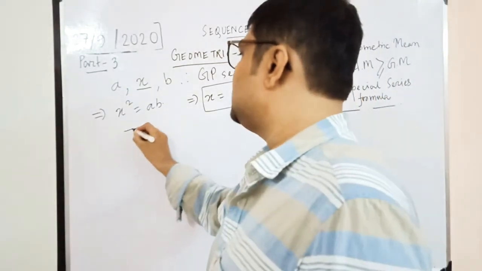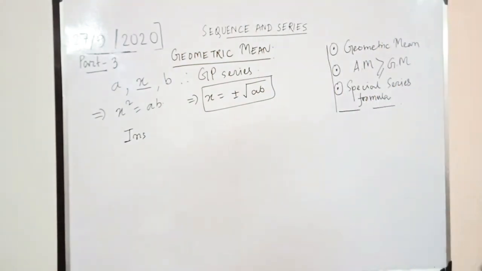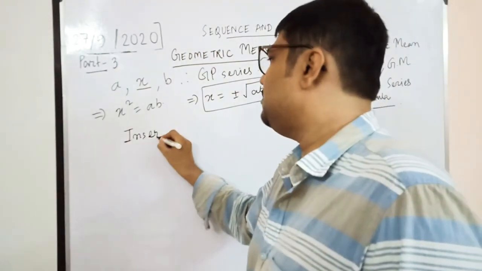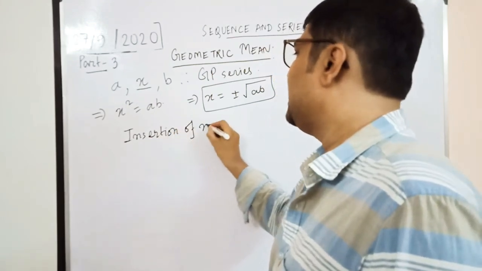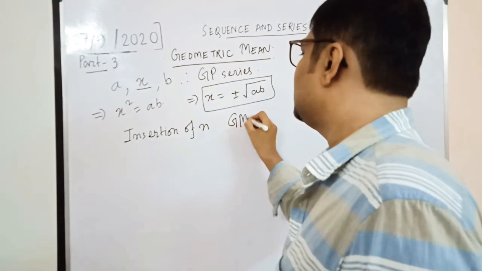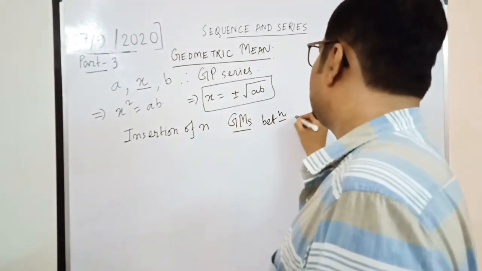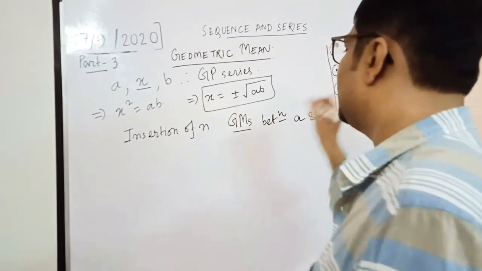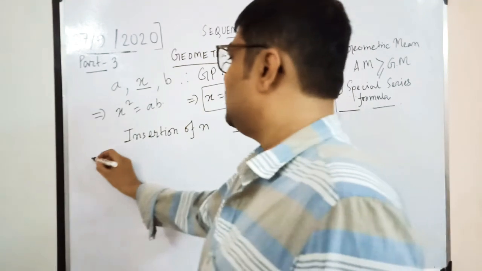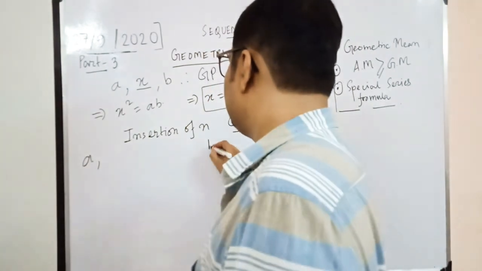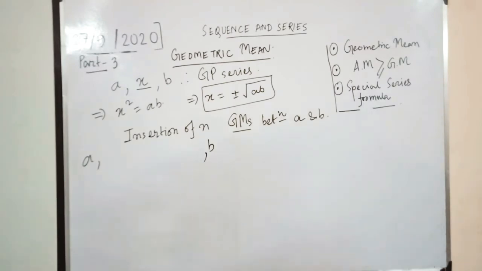Now say we insert, like the same thing we did for arithmetic progression, also arithmetic mean. So insertion of n GMs. Okay, so n geometric means between two numbers, that is a and b, say. So what we do in this case, we take two numbers a and b, and in between that we insert n number of geometric means.